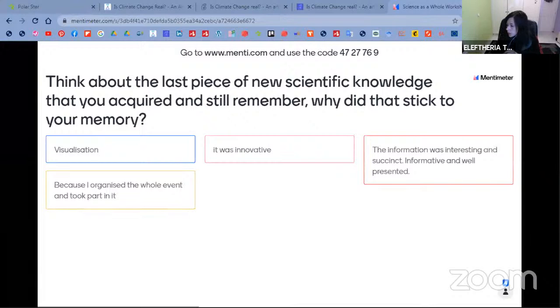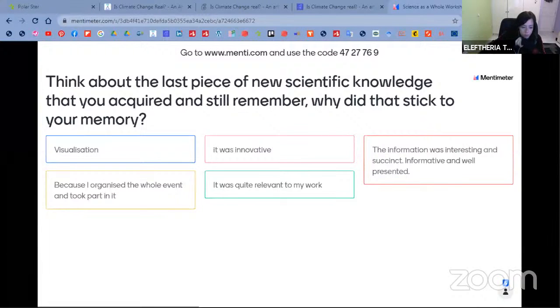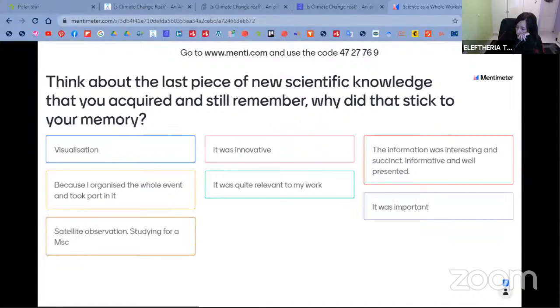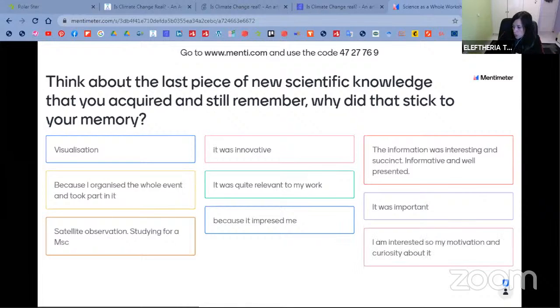So let's see what you're up to. So in this question, your answers could be summed up as something that is important to you because it's close to your work, or because the piece of information that you acquired was something very innovative or exciting to read about, so it triggered your curiosity.